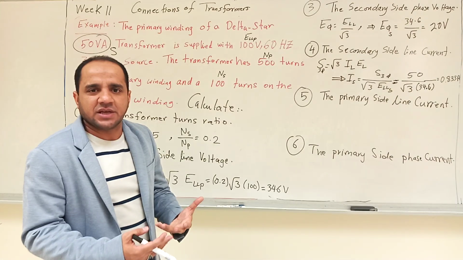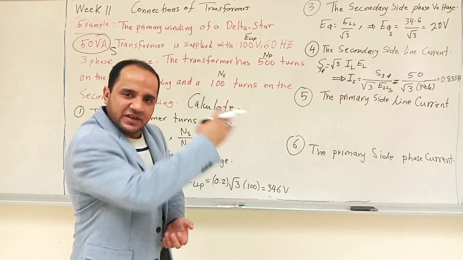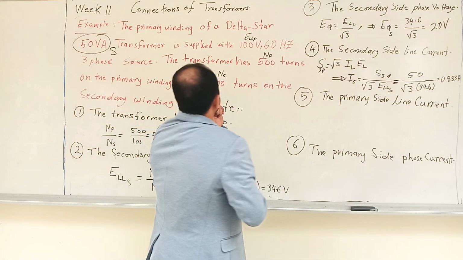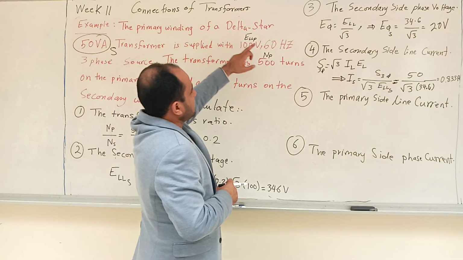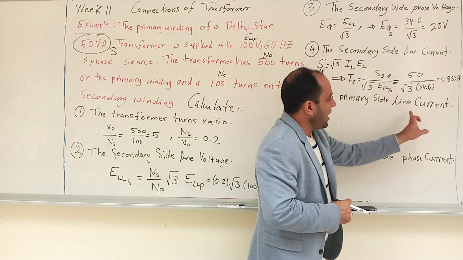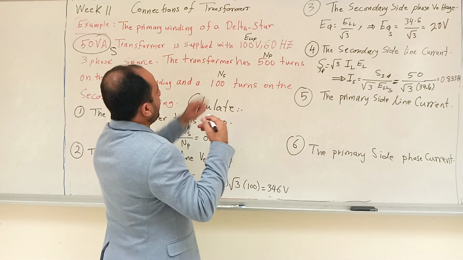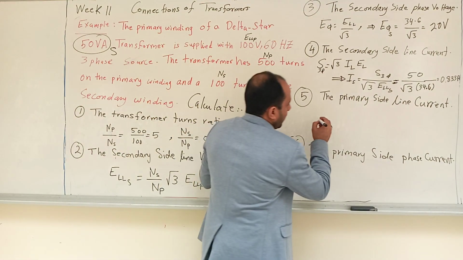Alternatively, we can use the turns ratio from our previous parts of explanation. When we go back to our equations, what's the relation between the primary line current and the secondary line current? Recall the equation from the delta-star transformer.